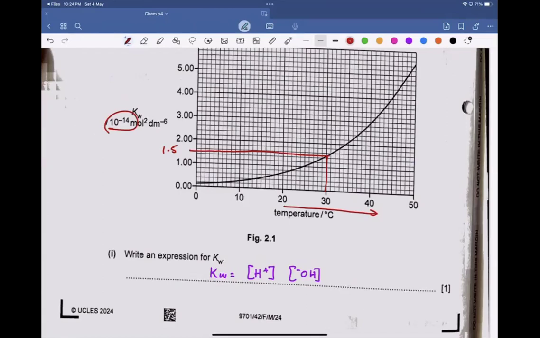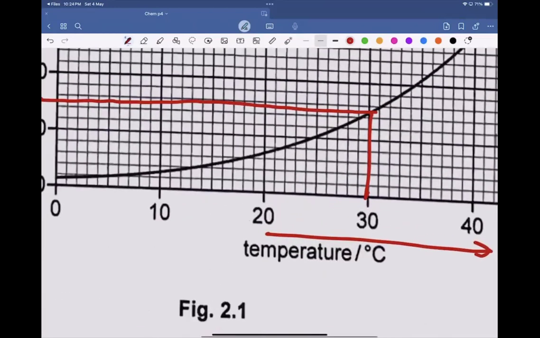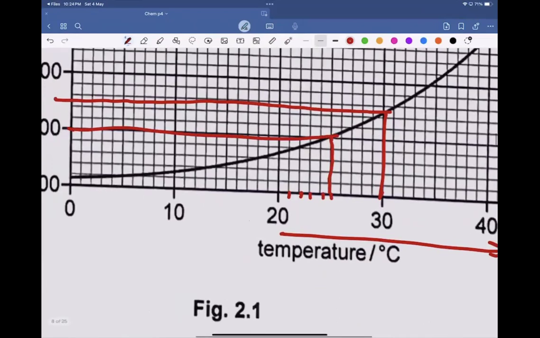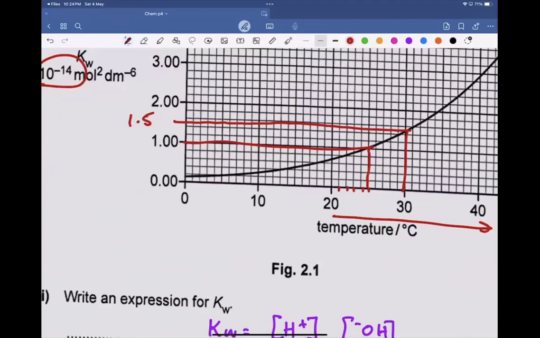Right? Is this understandable to all of you? And at 25 degrees Celsius, if you see over here, it's 25. At 25, we have a value of 1 exponent minus 7. Right?